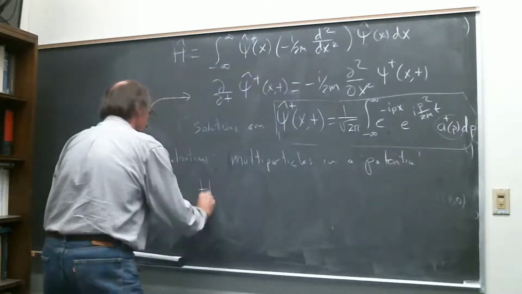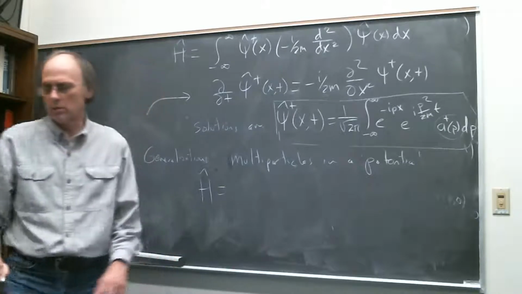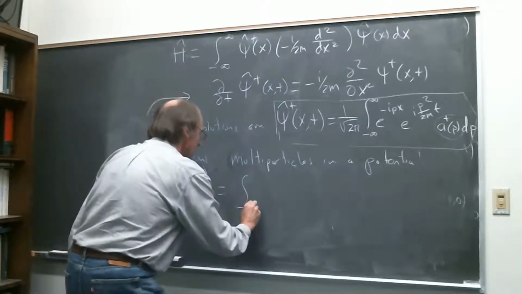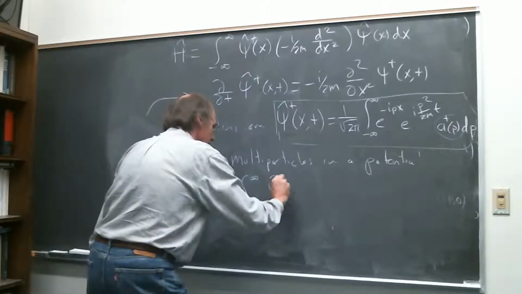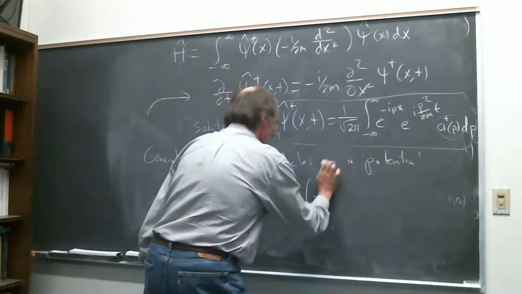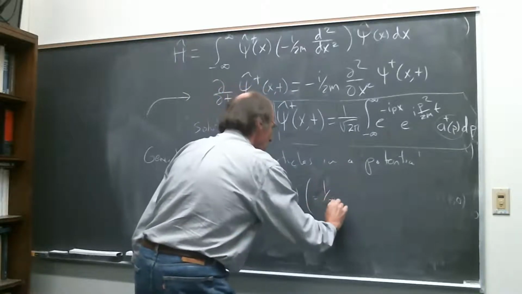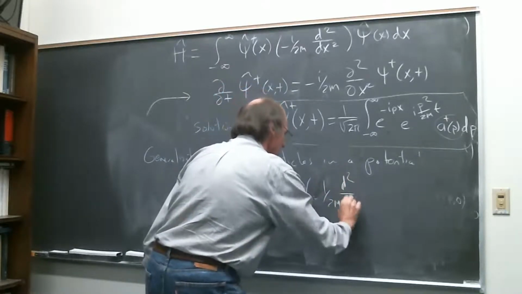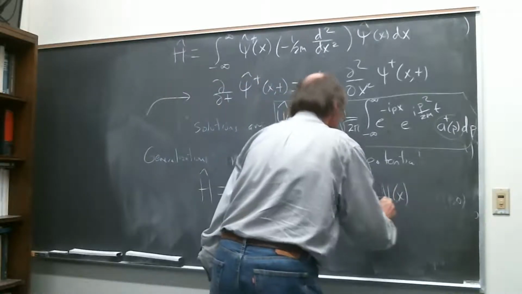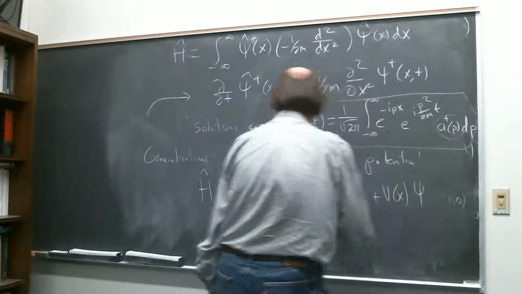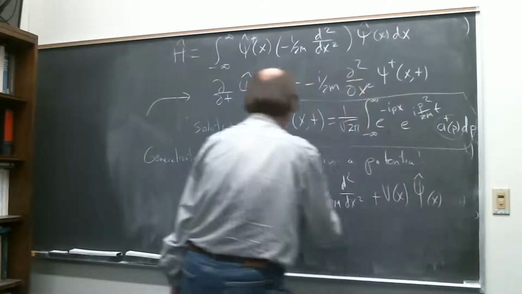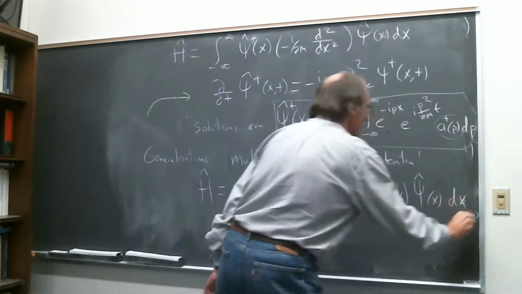What you can do is take H hat to be the integral from minus infinity to infinity of psi dagger of x times minus 1 over 2m d squared dx squared plus V of x, times psi of x.